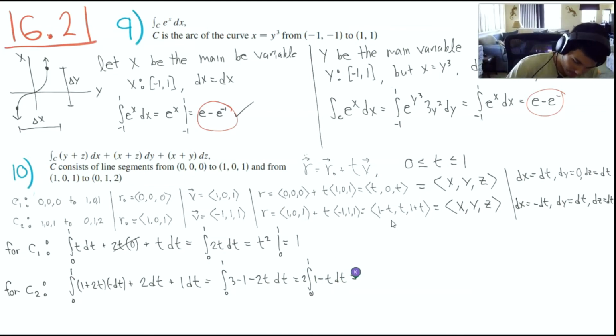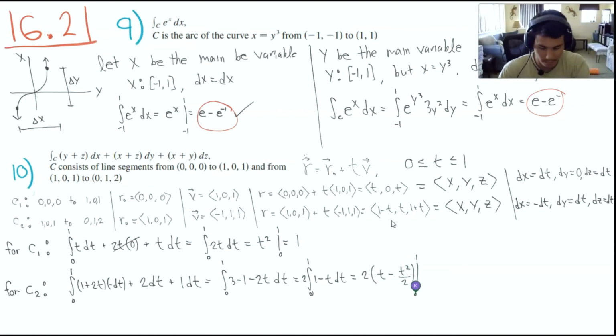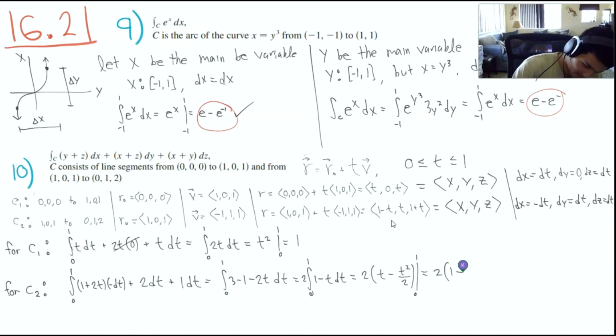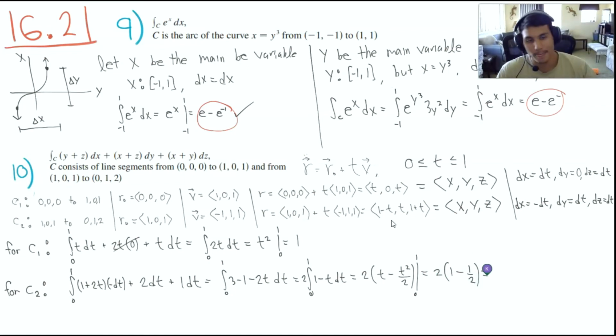Which, as you guys know, is equal to 2t minus t squared from 1 to 0, which is equal to 2 times 1 minus 1 half, which is 1 half. 1 half times 2 is 1.